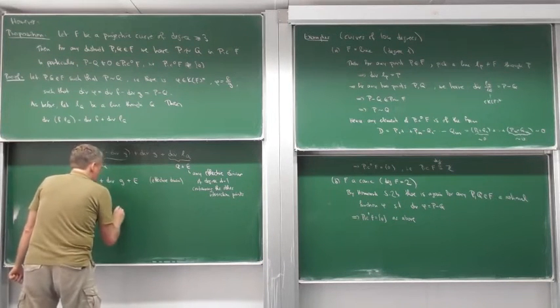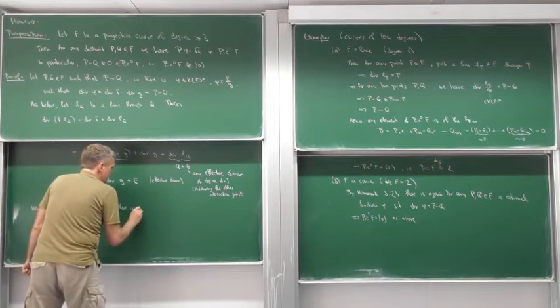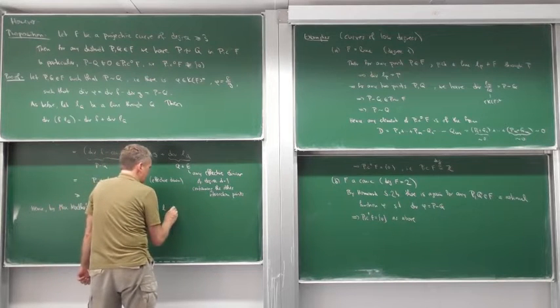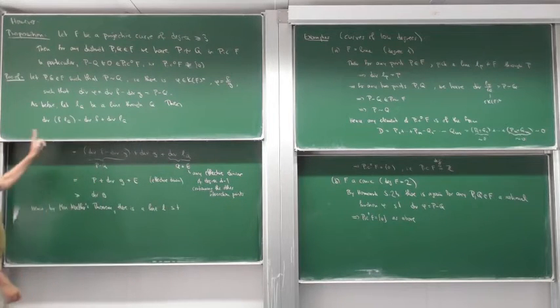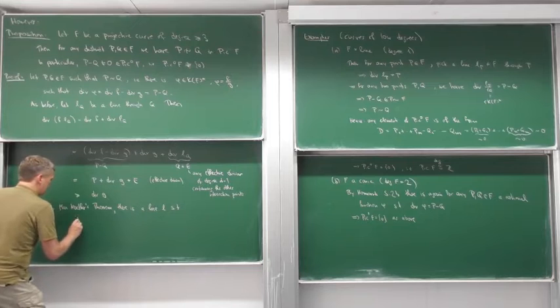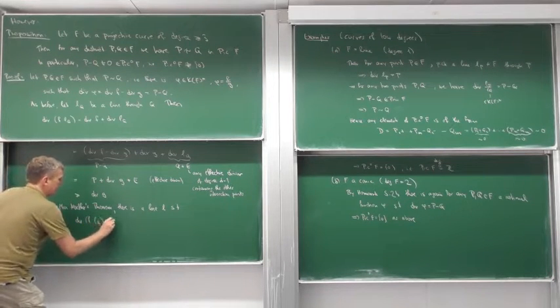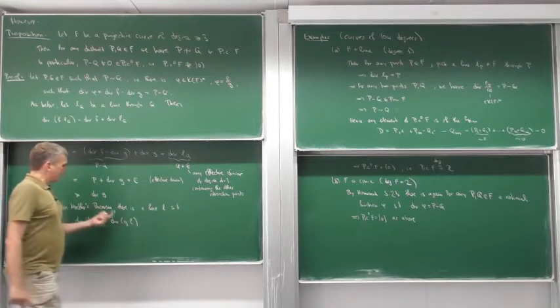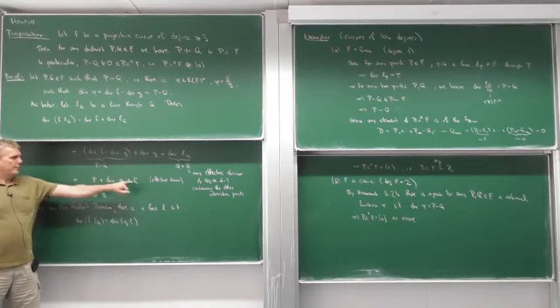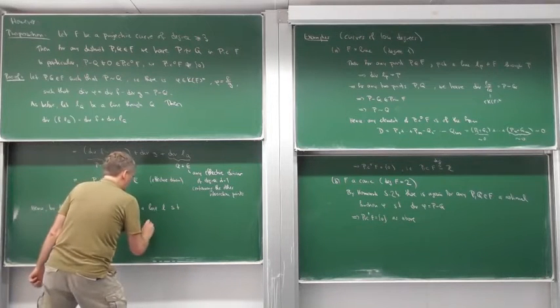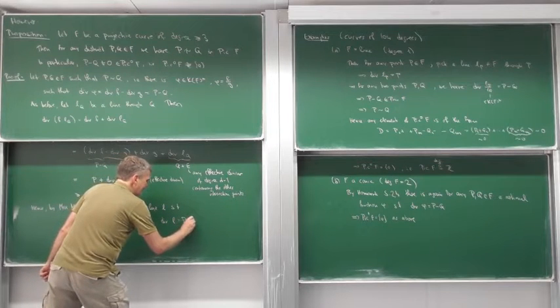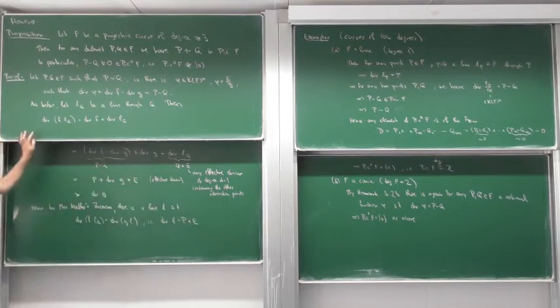By Max Noether's theorem, there is a line L such that that makes the difference, so such that div of f L_Q is div of g L. That means that the divisor of L is just those things here, p plus E, the things we left out, i.e. the divisor of L is p plus E.